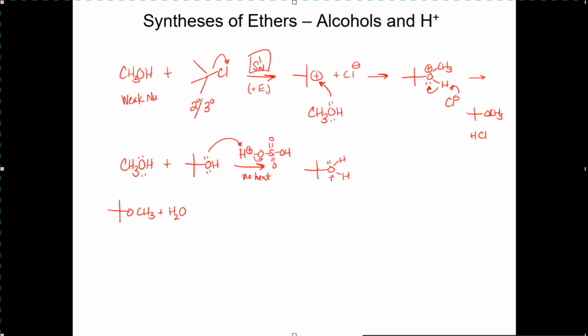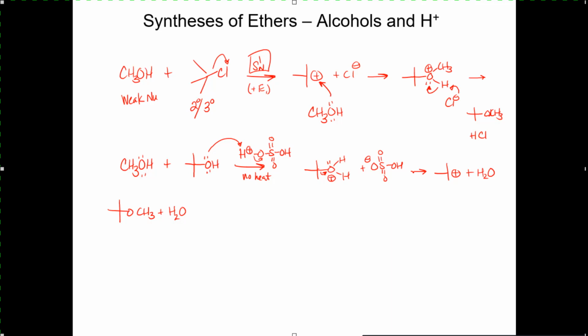My oxonium ion and my HSO4 minus. Tertiary oxonium ion, what happens next? Carbon-oxygen bond breaks, pair of electrons goes to the oxygen to now form the tertiary carbocation and water.